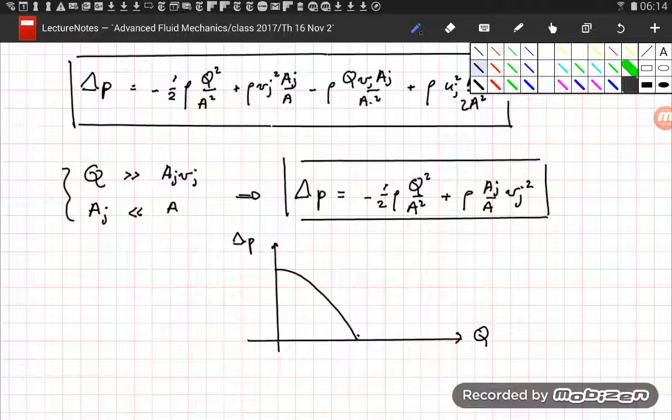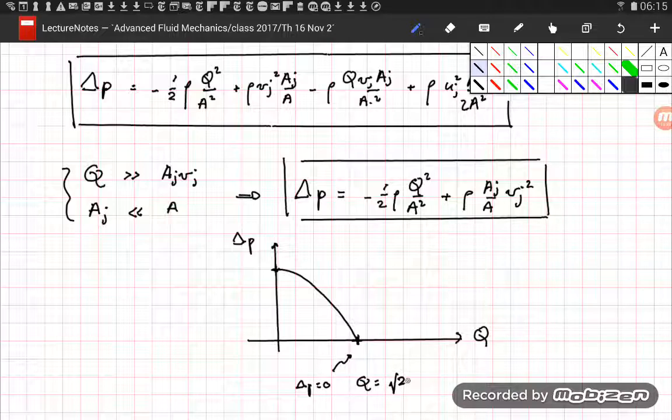So you clearly see that in the case where delta P is equal to 0, if you were not pushing against any pressure gradient, then you would maximize the volumetric flow rate.